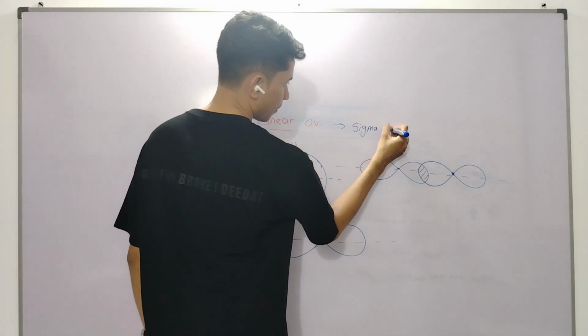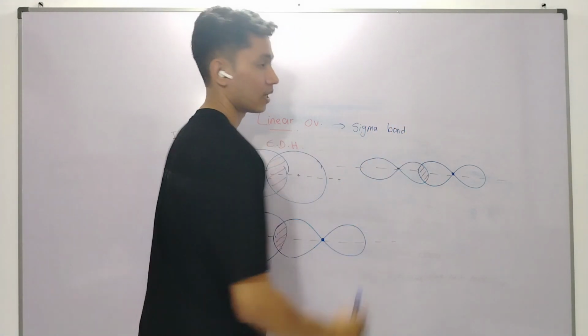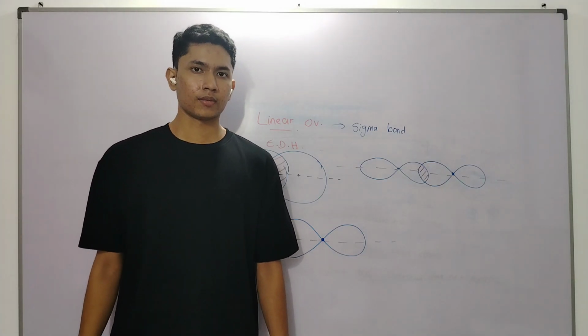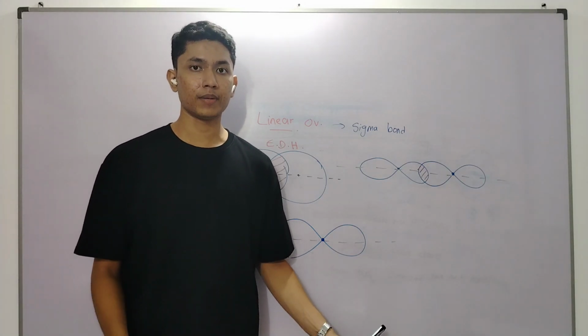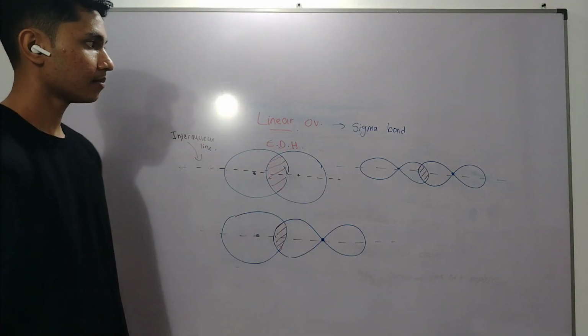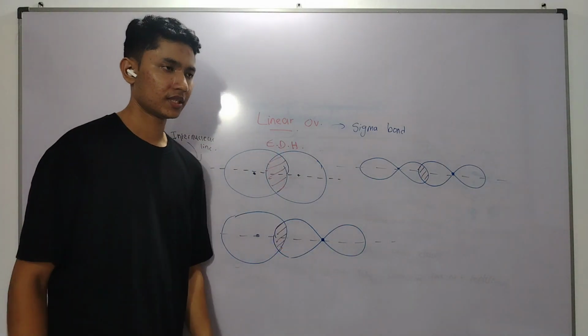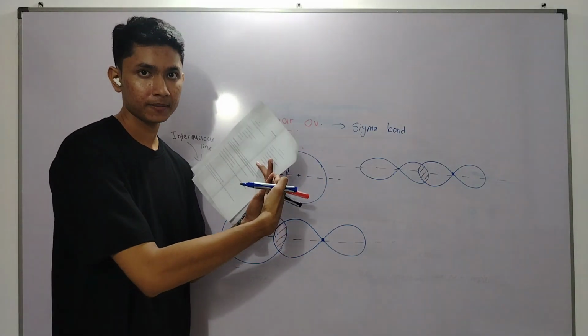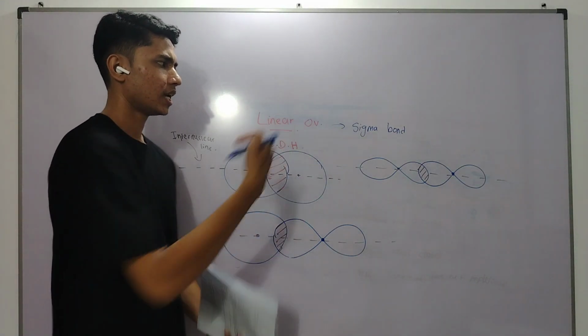Now, sigma bond. Earlier we said types of bond, then primary and secondary, then covalent, ionic, metallic, then sigma. Okay, no need for this one. Based on overlapping, we give them a name called sigma bond.